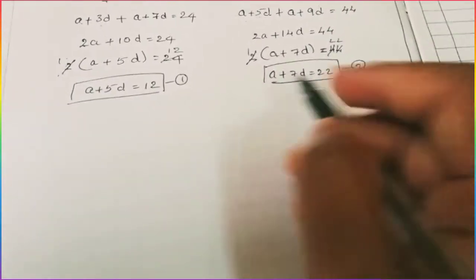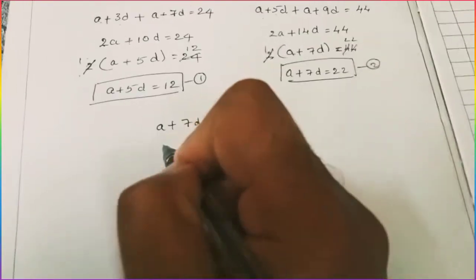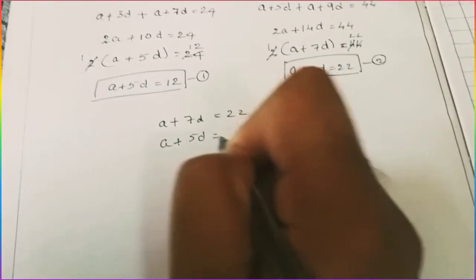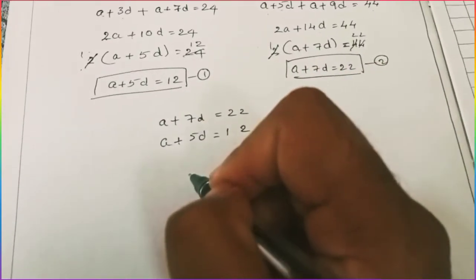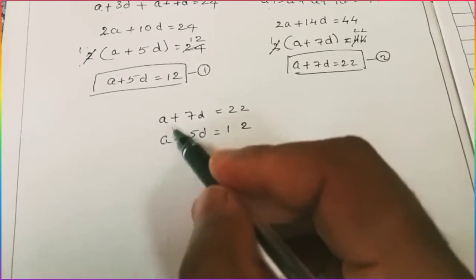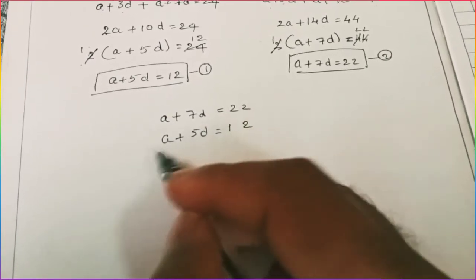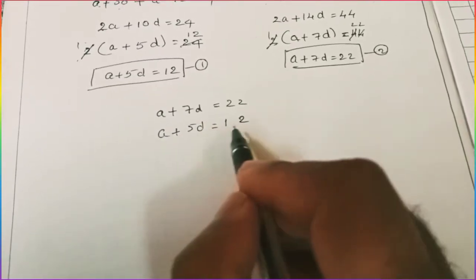I am going to equate equation 1 and 2. First I am going to write the bigger equation: a plus 7d is equal to 22. Here it is a plus 5d is equal to 12. When I am equating, I am going to cancel one equation from the other equation. So when I try to cancel, I need to change the sign of the second equation, a plus 5d is equal to 12.